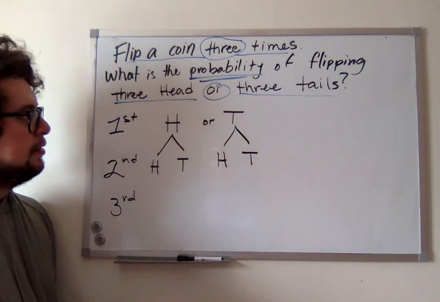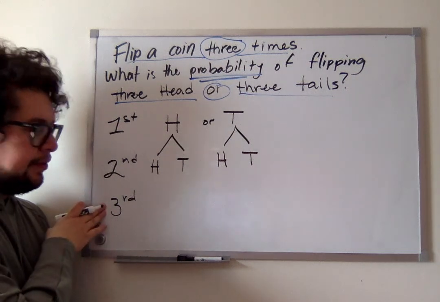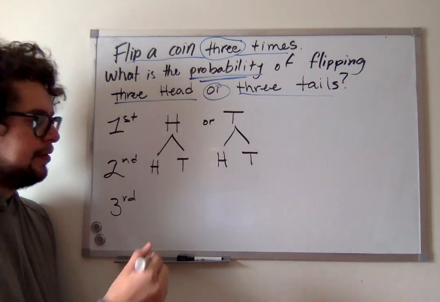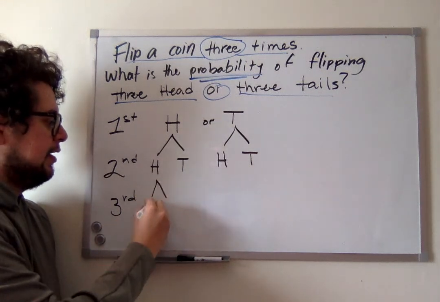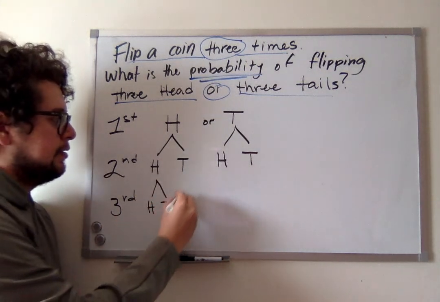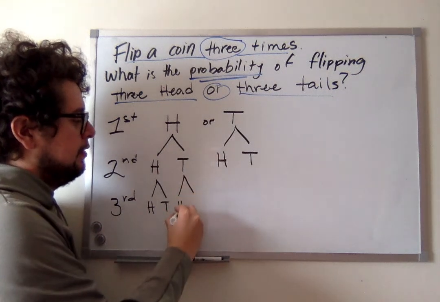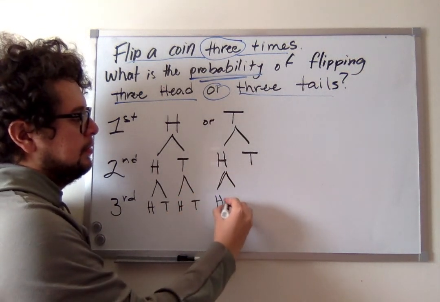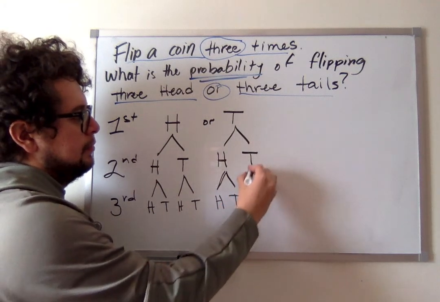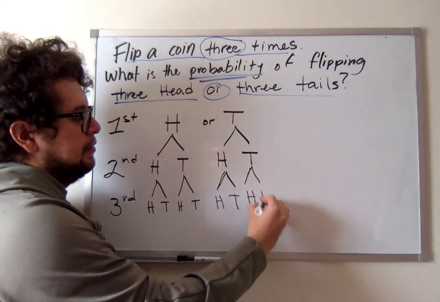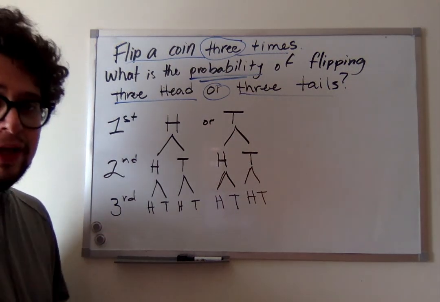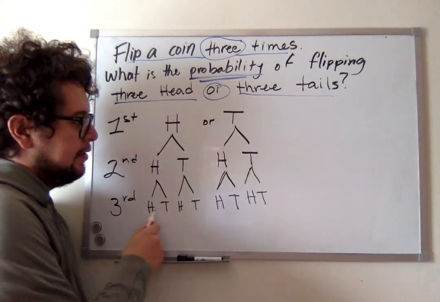Okay? When I get to the third time, I want to split it up again. I can get heads or tails. Each time, I can get heads or tails, heads, tails.